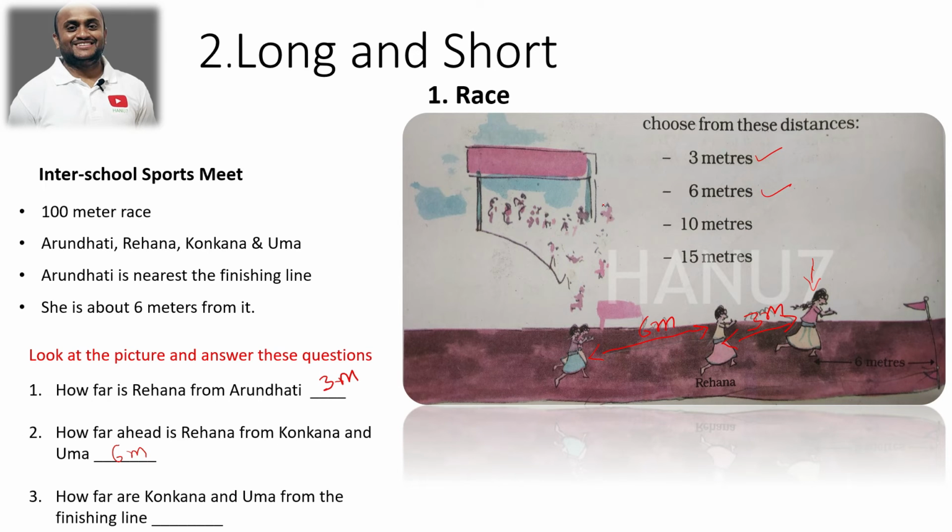So total you have to add these 3 values: 6 plus 3 plus 6, that is equal to 15. 15 is also available here. So choose from these distances. It is very clear how you have to select the distances by looking at the image.